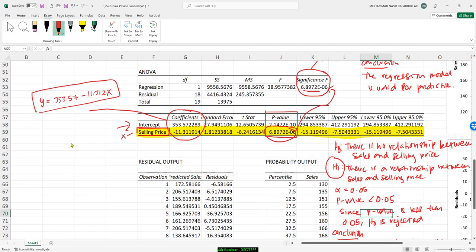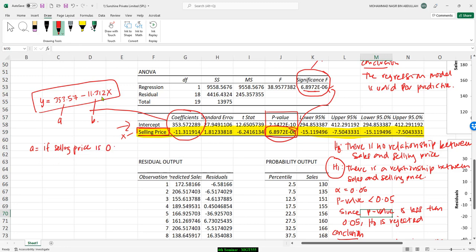So what does it mean? It means that this is A, this is B. Okay? So A means that if selling price is 0, right?